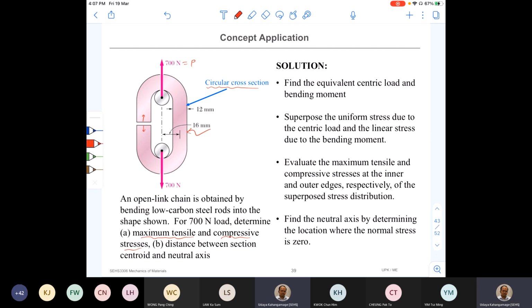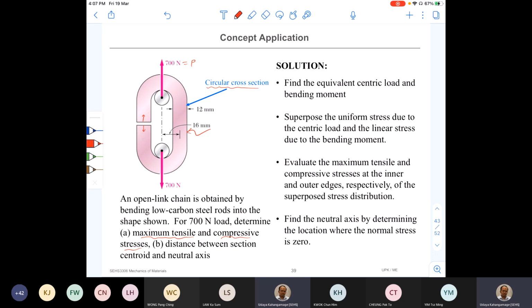Can somebody tell me whether that side is under compression or tension? I want an answer from you to see whether you can visualize it, because later you need that kind of ability to solve the problems. What is the stress? Is it tensile or compressive? You can see how the vertical part is going to bend, right?